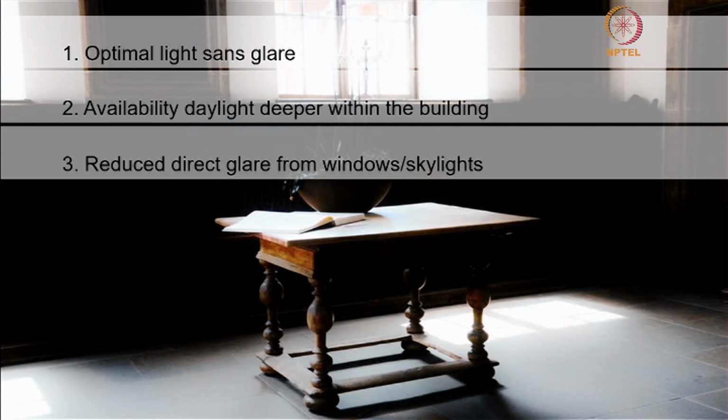Next is to look at how do you reduce or prevent the severe direct glare from windows and skylights. This glare is aggravated if the walls adjacent to the windows are not illuminated and therefore they appear quite dark. So, you get a big contrast in your field of view.